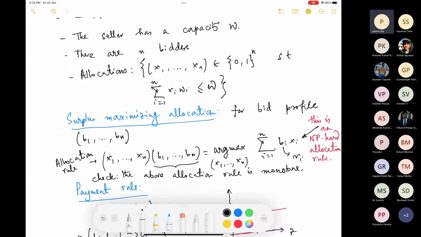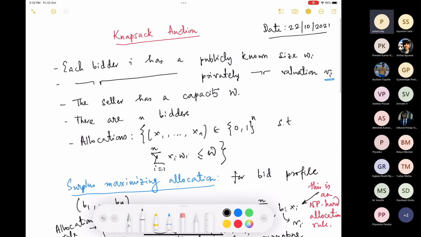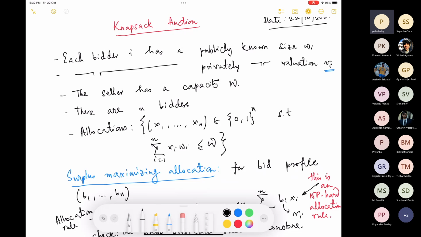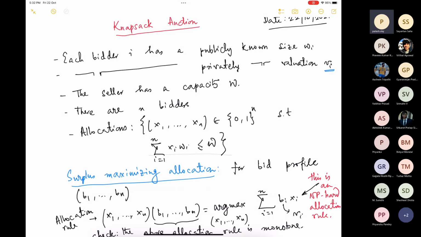That means you are given n items, with respect to the size constraints, with bid values b1 to bn, and each item has a size wi, and there is a knapsack of size capital W, and you need to pick items so that the entire weight of the items is less than or equal to W, it fits in the bag, and the value is maximized. The value is the summation of bi xi. This particular problem is the knapsack problem, and hence the name of the auction, knapsack auction.